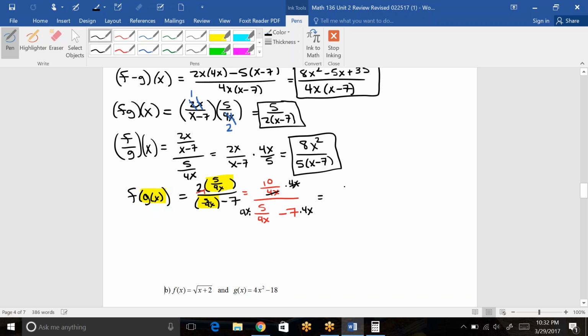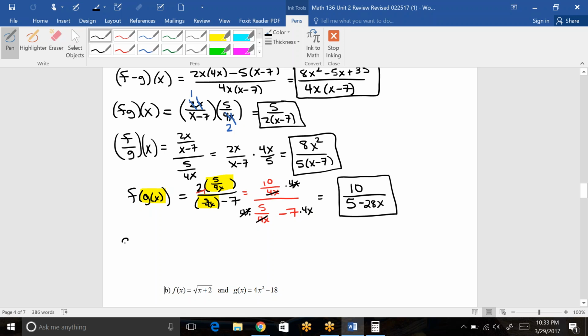So this would be a 10 on the top, 5, and then you do have to multiply this out since there's no 4x to cancel. So that'd be minus 28x. Now notice in the directions above, they didn't ask us for domain on any of these, so you don't have to go through the steps of finding the domain on this one.